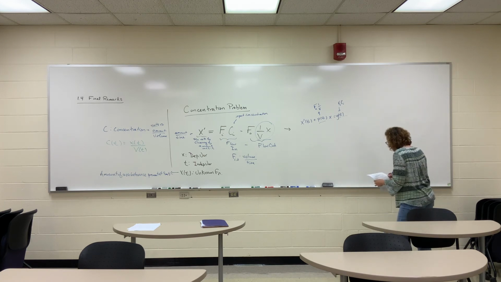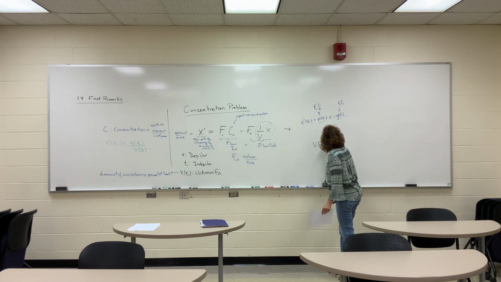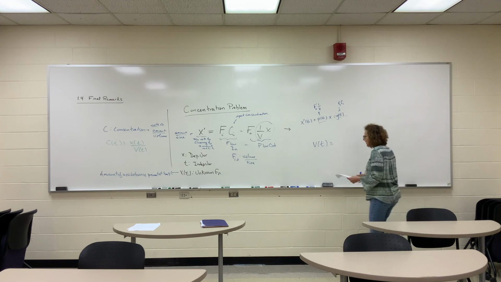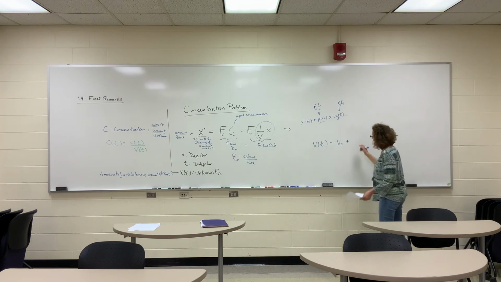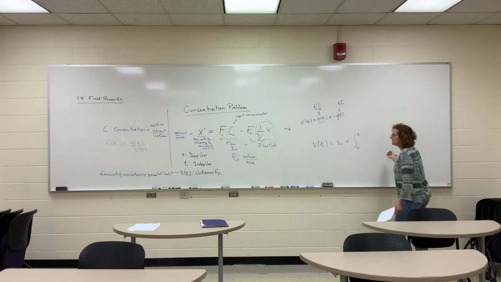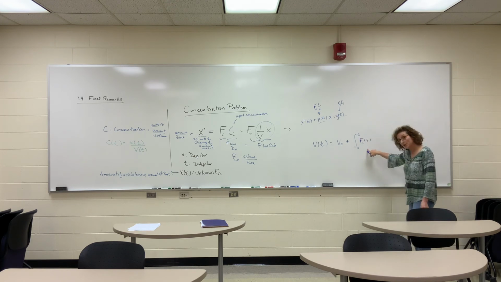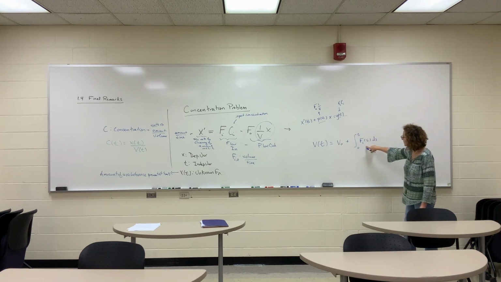Okay, so the other thing for more interesting problems, but this works in general, is that the volume at any time t is your initial volume plus, well, what? If I add up from time 0 to time t what's flowing in, volume per time with respect to s, volume per time times time gives me volume.